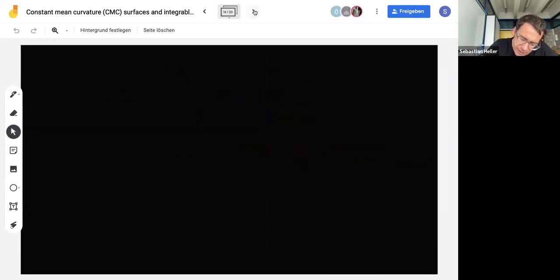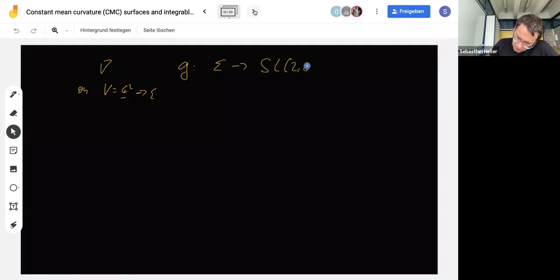So if we have just some connection, nabla, on a complex vector bundle, and we have a map G, let's now stick to a special case on the bundle V, which is just the trivial C^2 bundle over our Riemann surface. Then the space of gauge transformations is the space of maps G into the group SL2C.